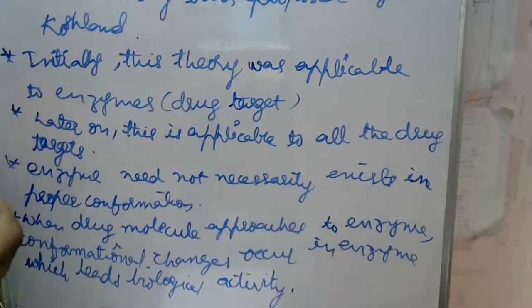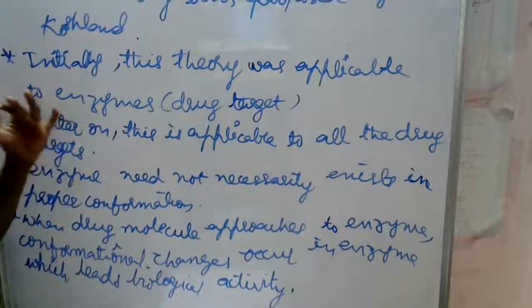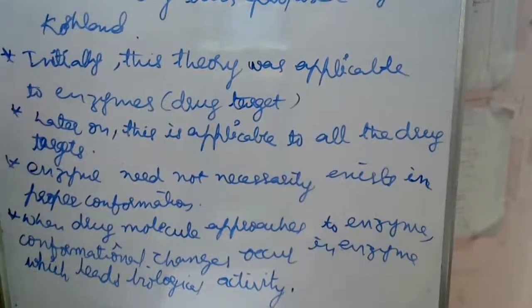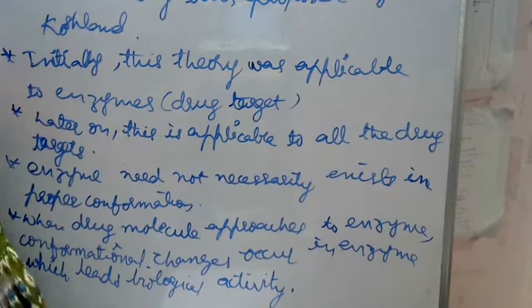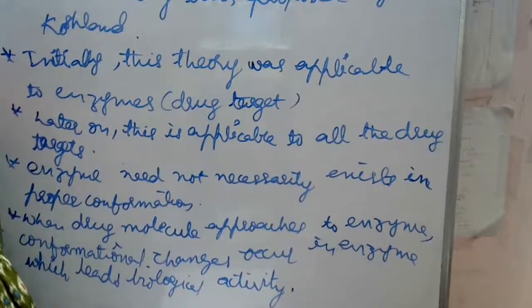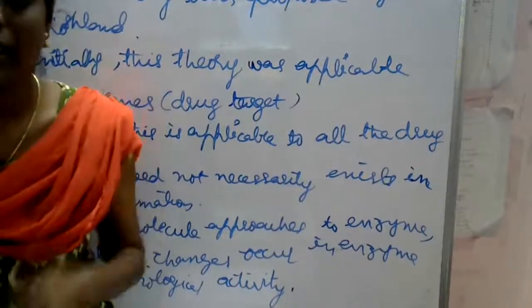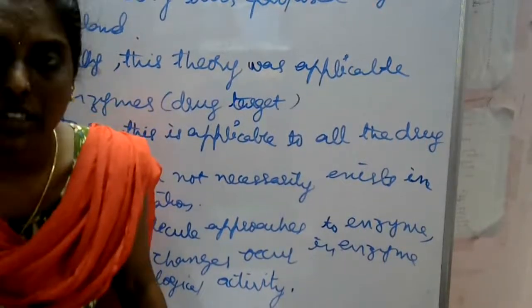So how does it produce conformational change? If it occurs, it leads to the biological activity. The enzyme is elastic in nature, and it could retain its original state after the drug is released.